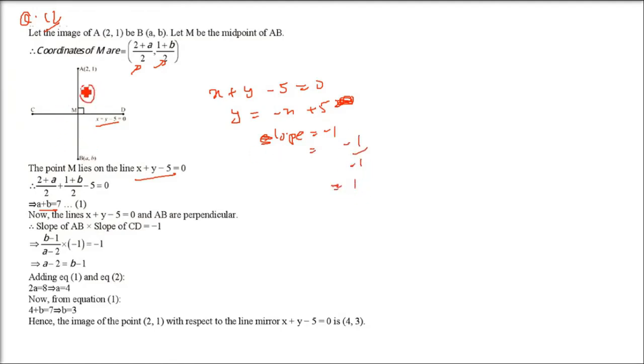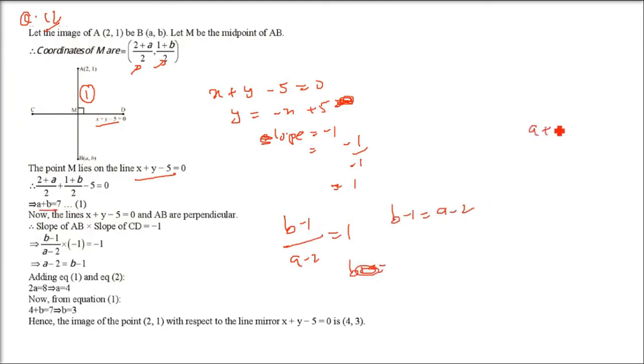What is the slope of AB? It is (b minus 1) by (a minus 2), using y2 minus y1 by x2 minus x1, and this is going to be 1. So you get b equals a minus 1, which is one more relationship between a and b. a plus b equals 7 was already there.